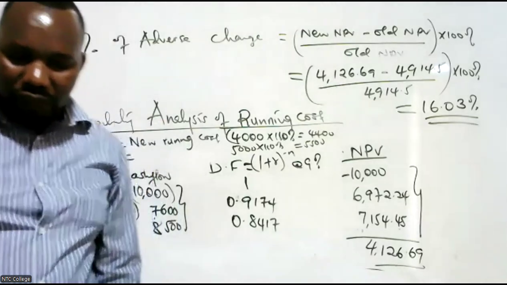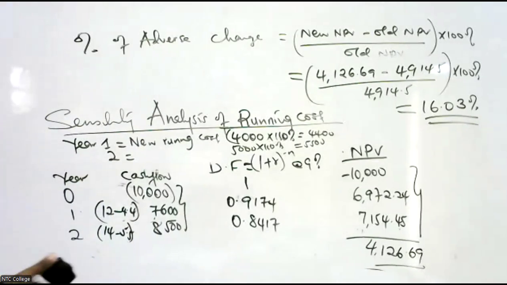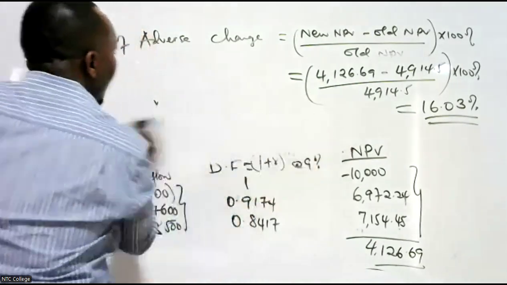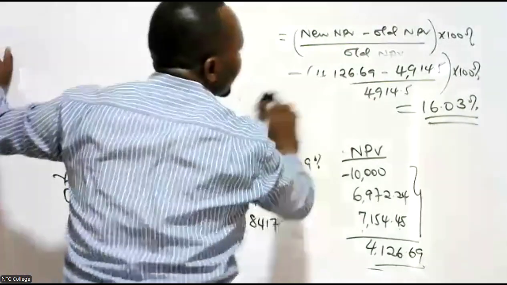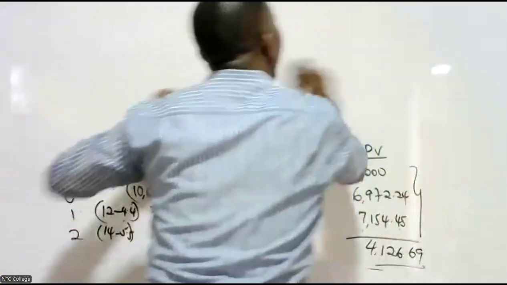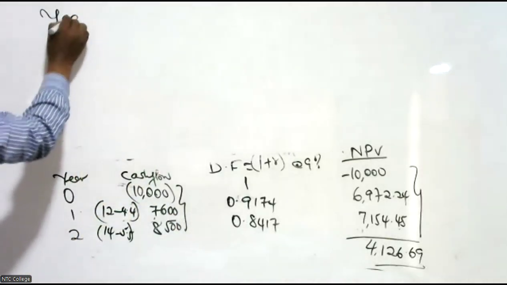And somebody can now try for us the new one, sensitivity analysis against revenue. So you need to get the new revenue. New revenue for year one.